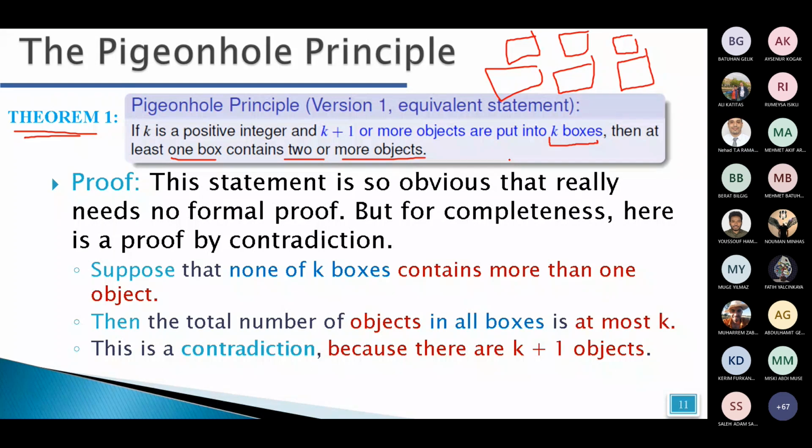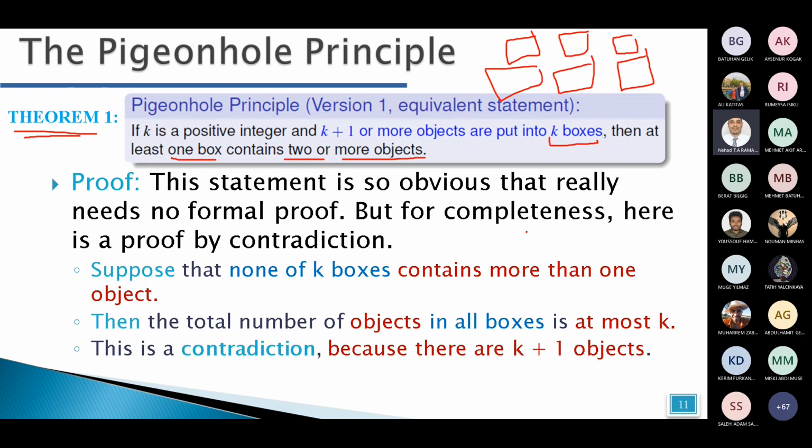I think this theorem does not need any proof because it's a very direct idea. The number of objects is more than the number of boxes, so one box will have at least two or more objects.